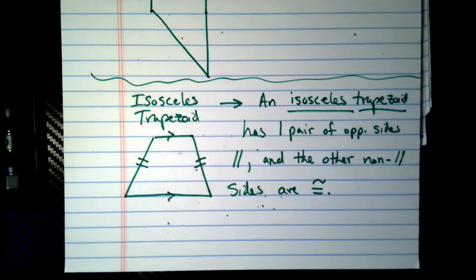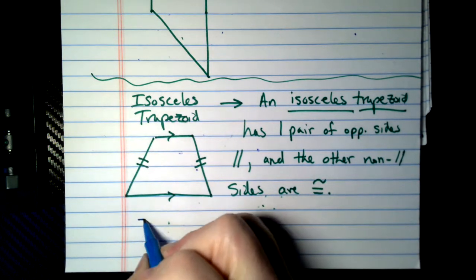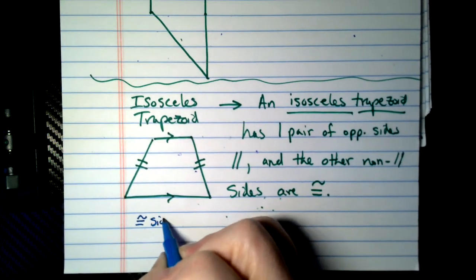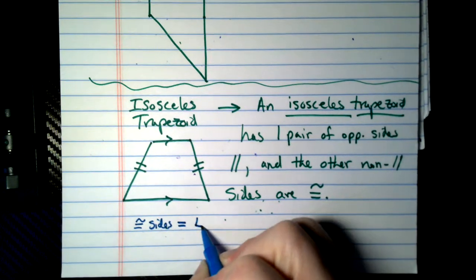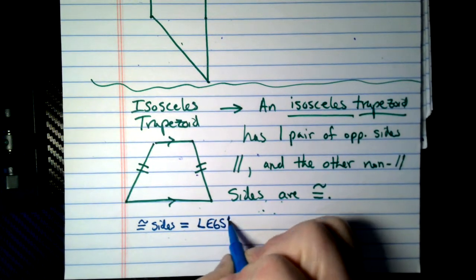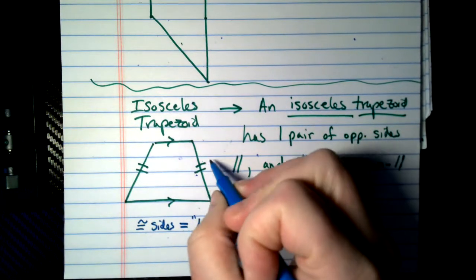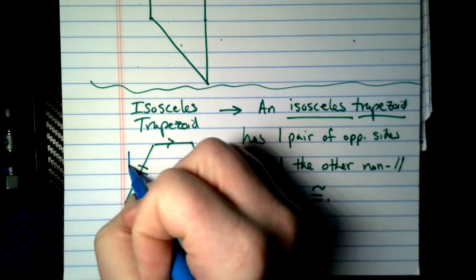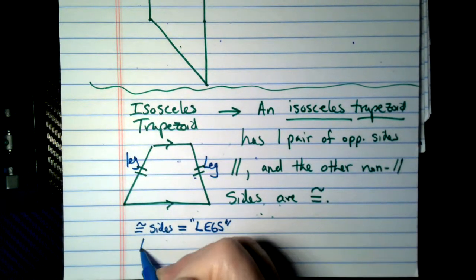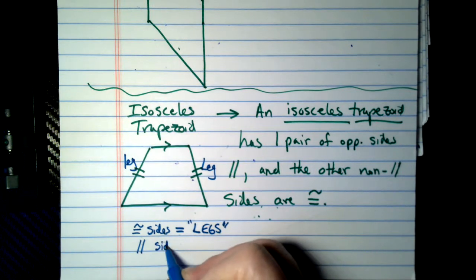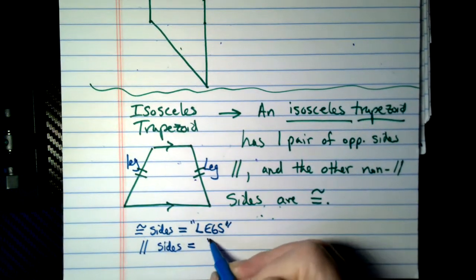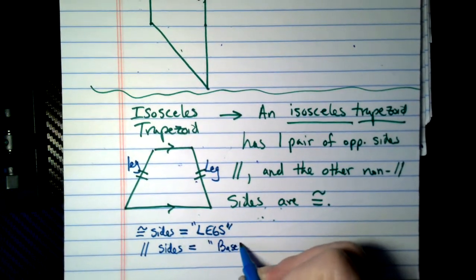When you have something like this, there are different names given to it. The congruent sides are known as the legs. We've used that before with isosceles triangles. This is a leg. This is a leg. The parallel sides are known as the bases.